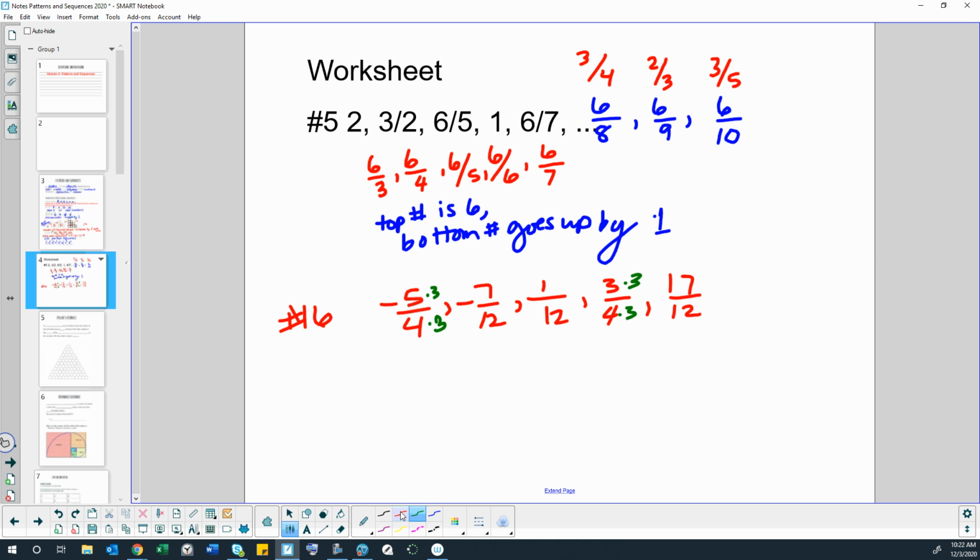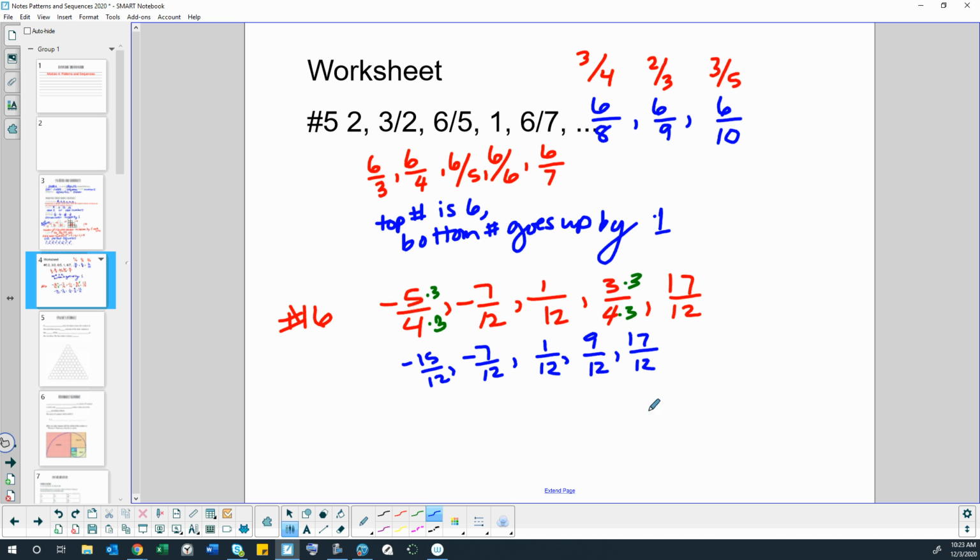So then that would give us negative 15/12, negative 7/12, 1/12, 9/12, 17/12. So all of the bottom numbers are 12.